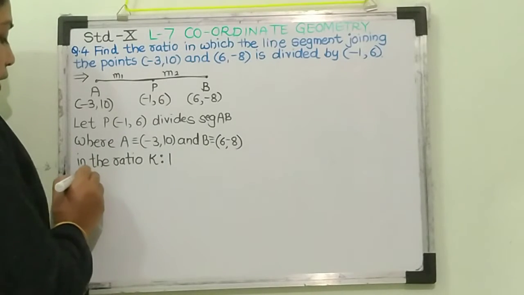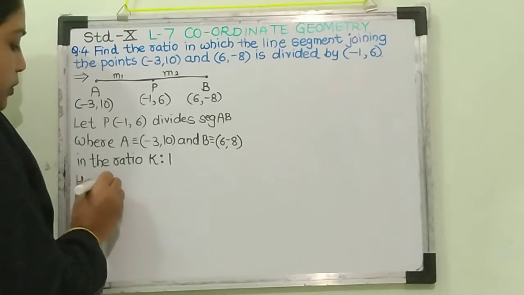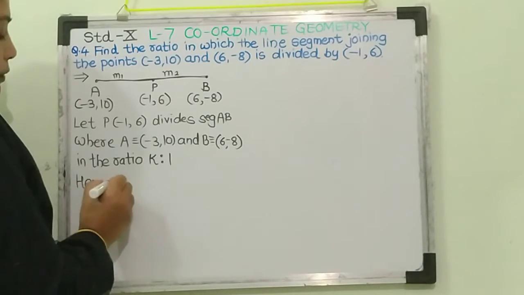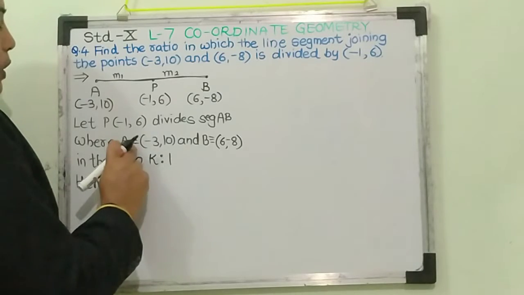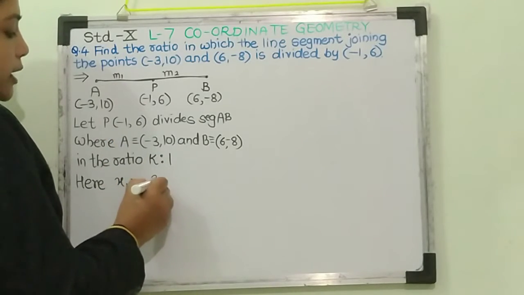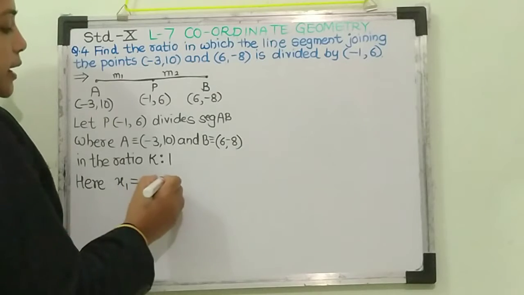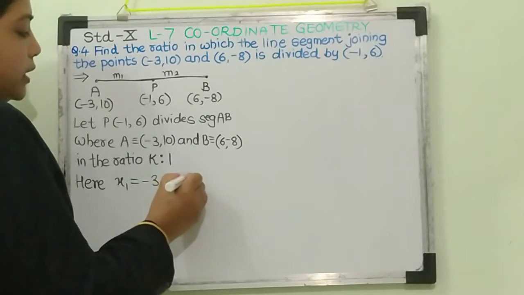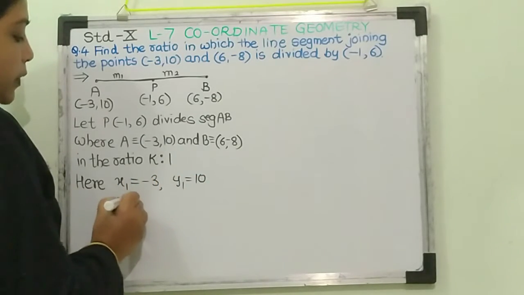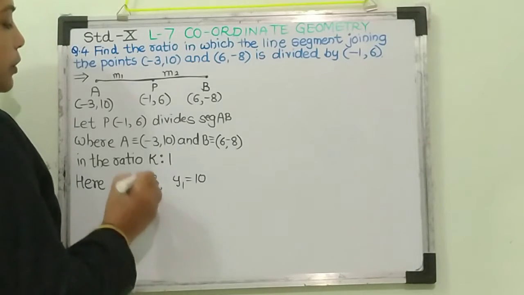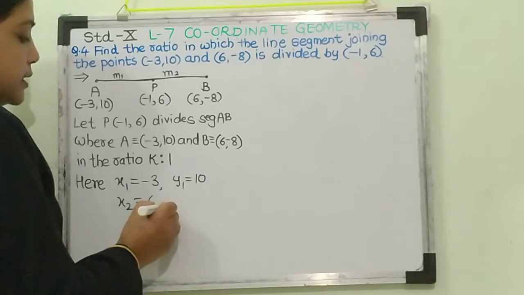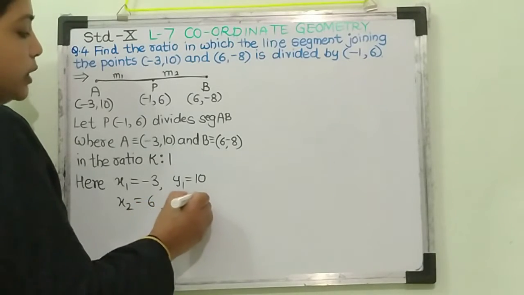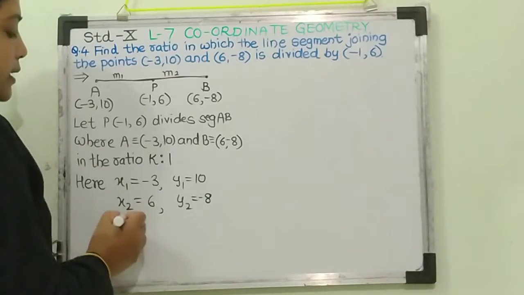So here we can write the values. Here we can write x1 equals to, that is the coordinates of A, minus 3, and y1 equals to 10. x2 equals to, we get coordinates of B, that is 6, and y2 equals to minus 8.